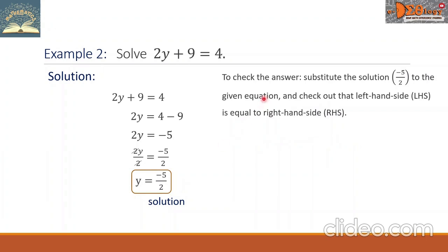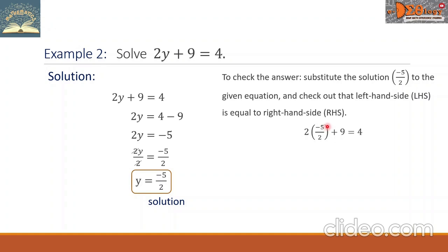To check the answer, we substitute the solution, this negative 5 over 2, for the y, to the given equation, and check that the left-hand side is equal to the right-hand side. So this 2y plus 9 equals 4 now becomes 2 times the value of y, negative 5 over 2, then plus 9 equals 4. Let us simplify the left-hand side.